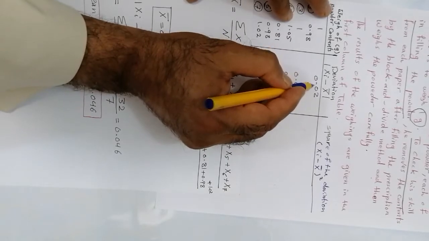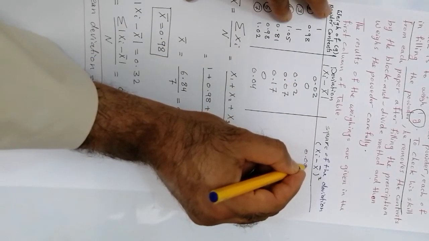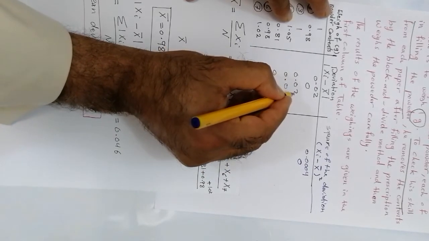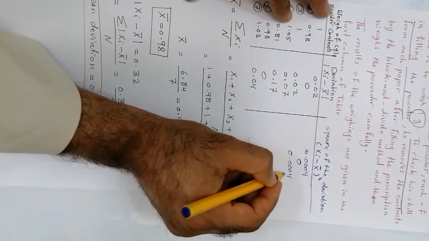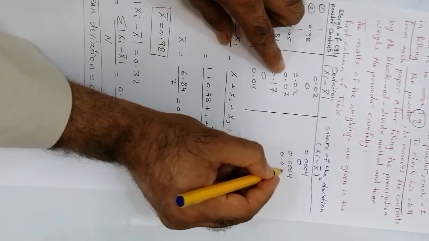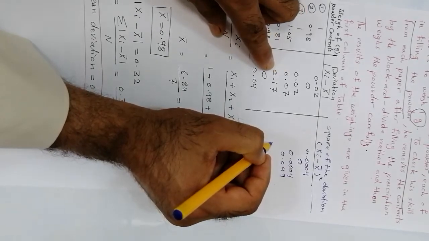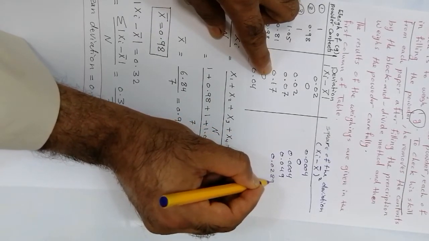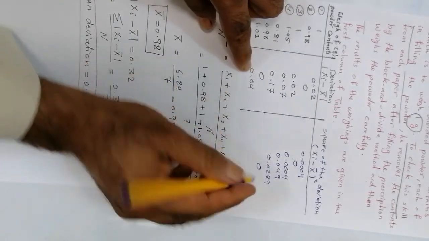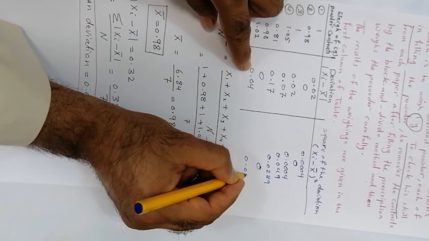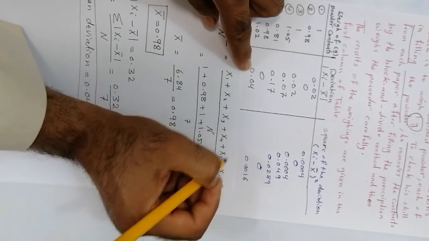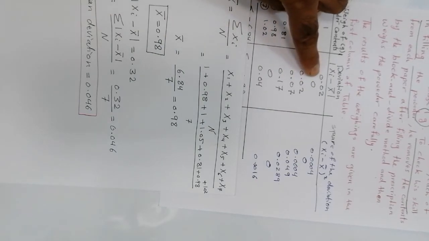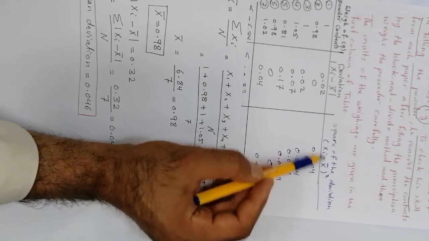Therefore 0.02 squared equals 0.0004. 0 squared is 0. 0.02 squared is 0.0004. Here 0.07 squared is 0.0049, here the square of 0.17 is 0.0289, 0, and here 0.04 squared is 0.0016. This represents the square of the deviation.